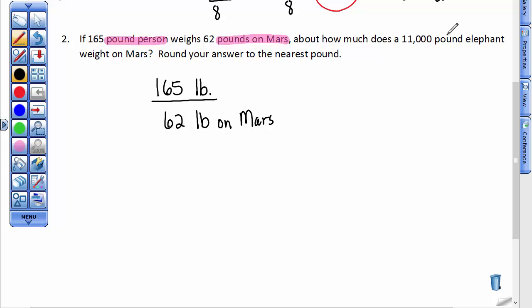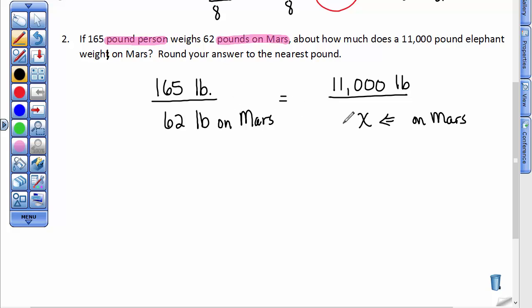So now we've got an 11,000-pound elephant on Earth. We want to know how much does an 11,000-pound elephant weigh on Mars. So how much does an 11,000-pound elephant, what is its weight? What is x? And remember that this is on Mars. And so now we set the cross products equal.